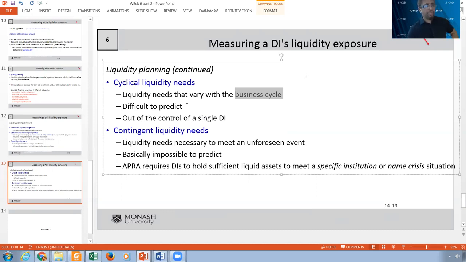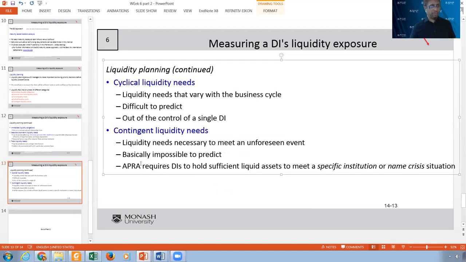Whether we have some other financial crisis coming or a market crash coming, we don't know. It needs too much analysis to do. And then the contingent is even more difficult: liquidity needs necessary to meet unforeseen events. Basically impossible to predict this type.